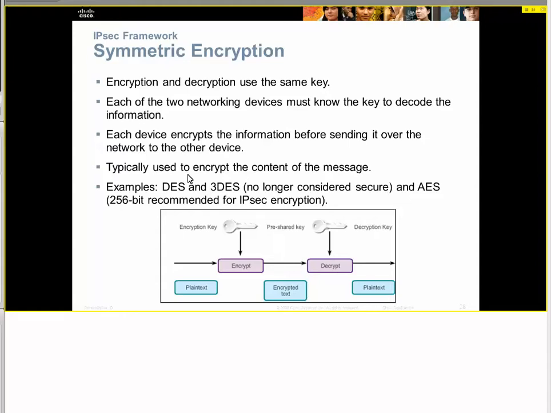The three main examples, the three protocols within the IPsec framework that support shared key, are DES and triple DES, 3DES. Both of those were originally developed by the NSA and are considered today to be very weak encryption algorithms. The key can be cracked.